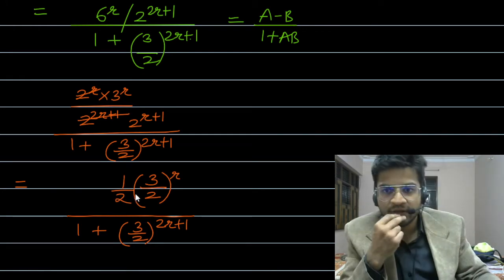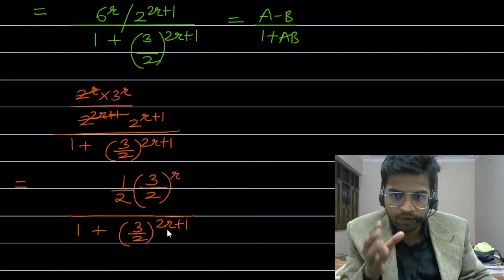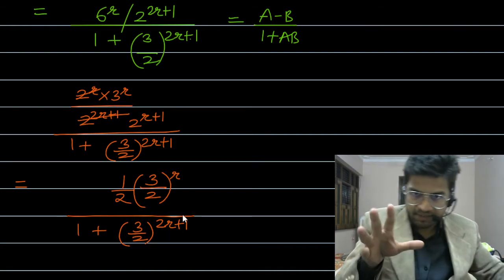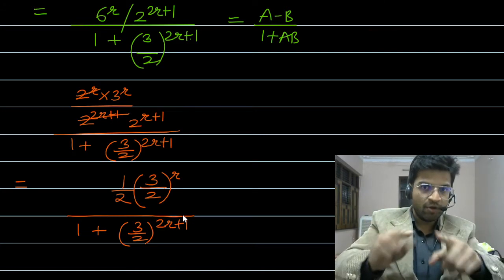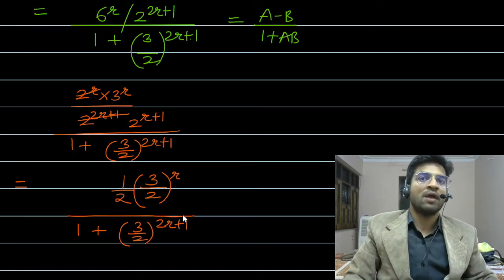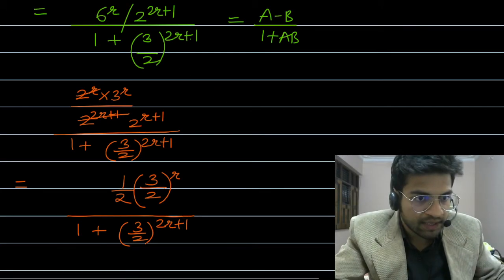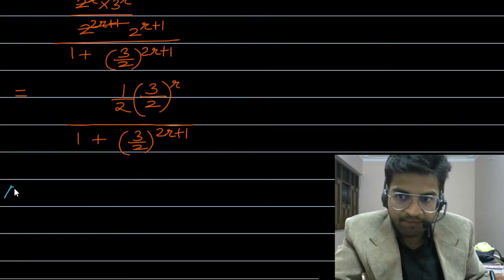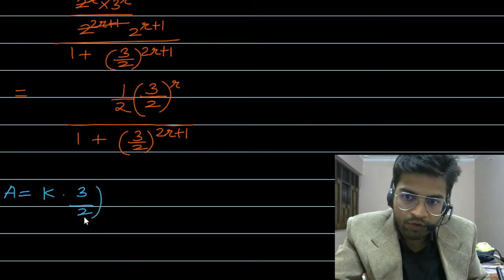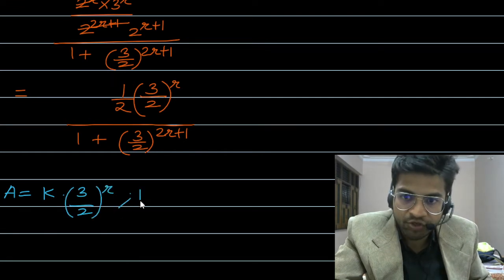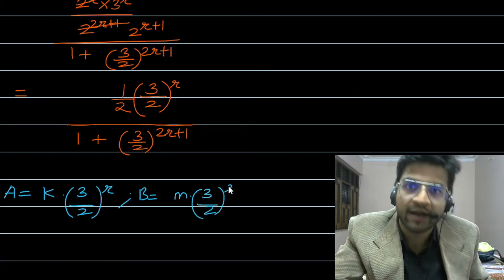Numerator is equal to a minus b and the denominator is the product, 3 by 2 to the power 2r plus 1. It is very much clear that both a and b should be of the form 3 by 2 to the power r. Both a and b, it is very much clear that a should be something like k into 3 by 2 to the power r and b should be m into 3 by 2 to the power r.